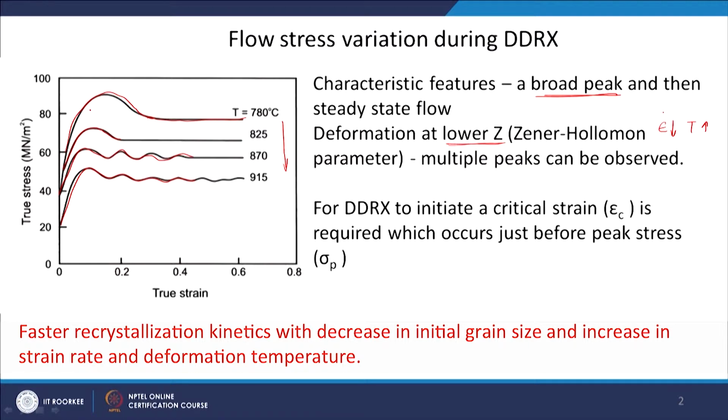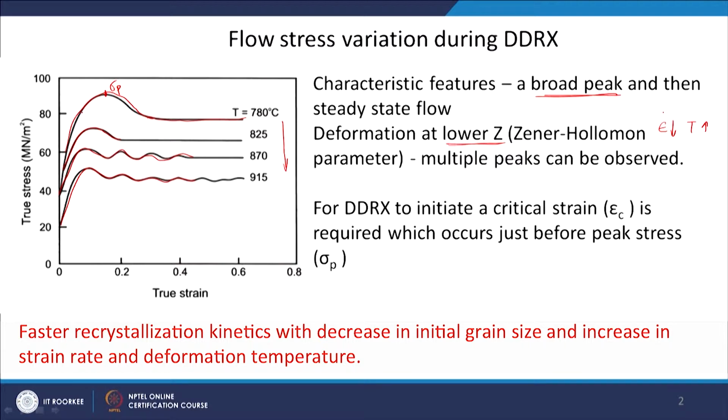I can define a critical strain just before the peak stress. The peak stress is where the slope of this particular curve is 0. Let us say this is my peak stress. Dynamic recrystallization is more or less complete here, which is why the flow stress has started decreasing after that.